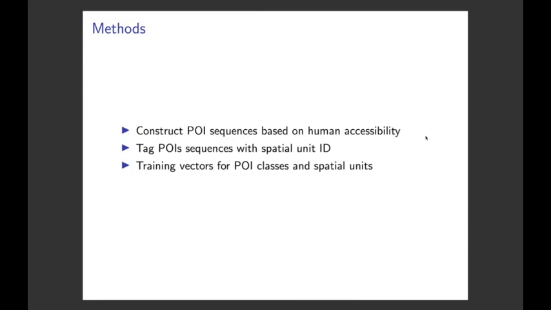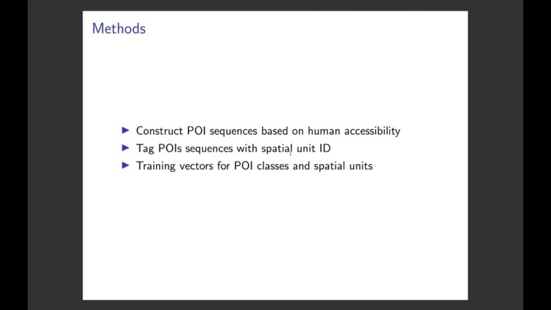So I will talk about the specific method used in this case study. First, we will construct the POI sequence based on human accessibility, so we can use this POI sequence as the input for the Doc2Vec model. And more importantly, we have to tag the POI sequence with the spatial unit ID.